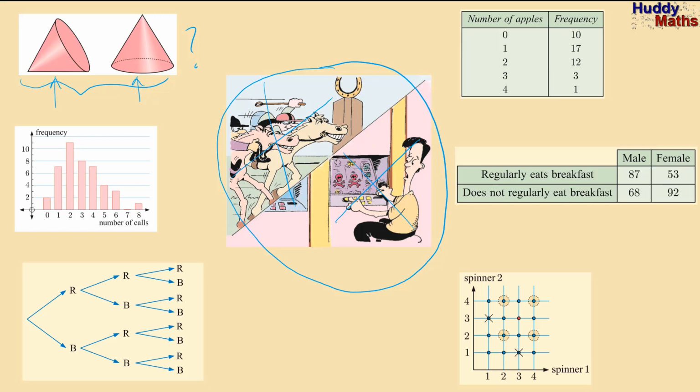The same thing here. This is the result of looking at the number of calls somebody's gotten per day, and what's the most frequent? 2 calls a day occurred 10 times. Frequency meaning the number of times it has happened. So we could estimate now the chances of a person getting 4 or more calls.